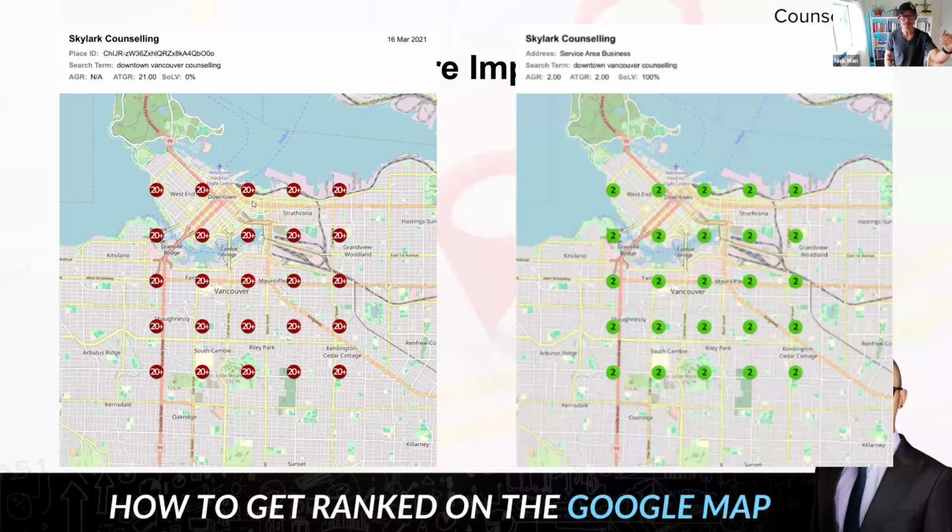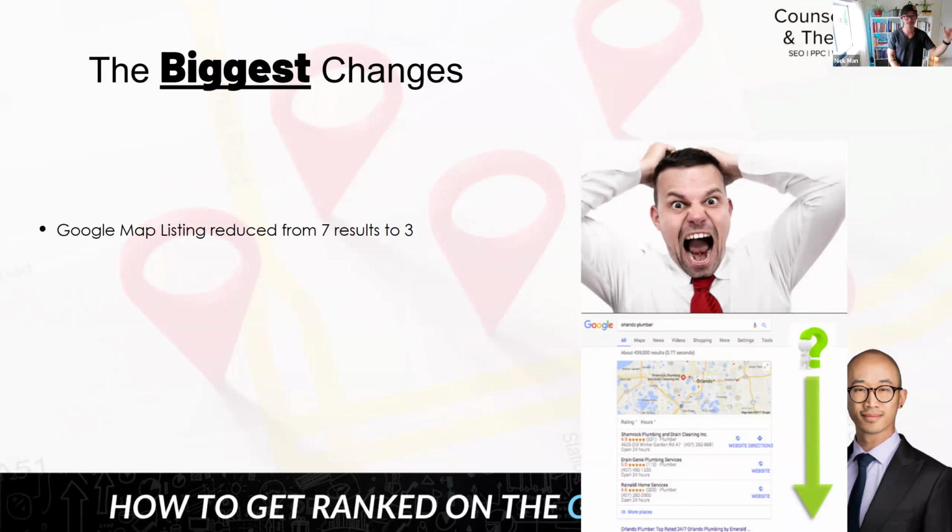The biggest change we've seen in Google Maps, as I mentioned before, is that they've reduced their listings from 7, and I know that was a couple of years ago, down to 3. Google's serving paid ads in the map results. Sometimes you'll see 4 map listings, and one of them will say sponsored.